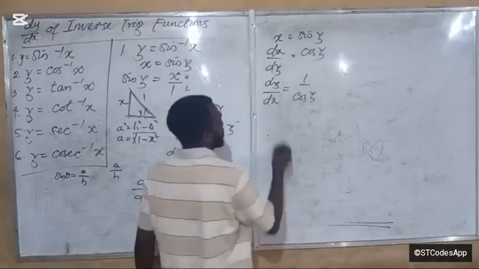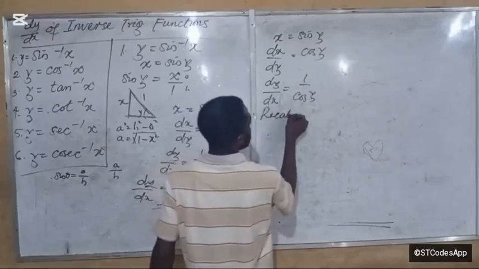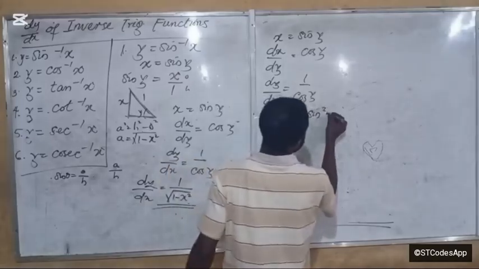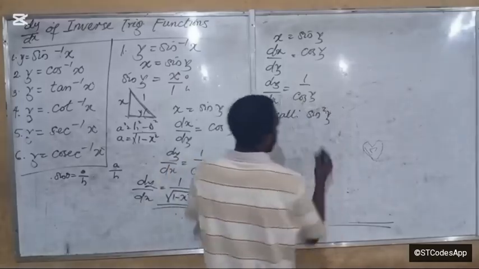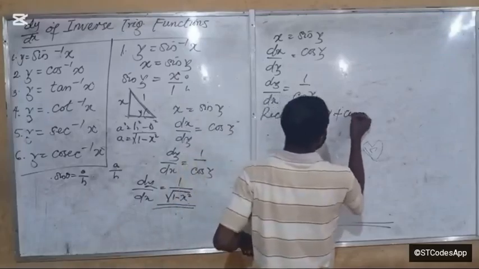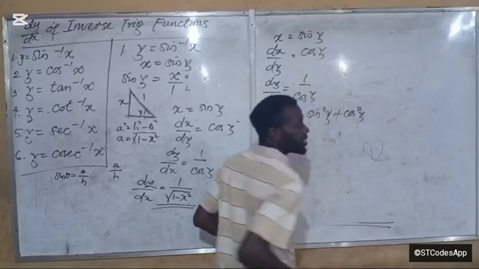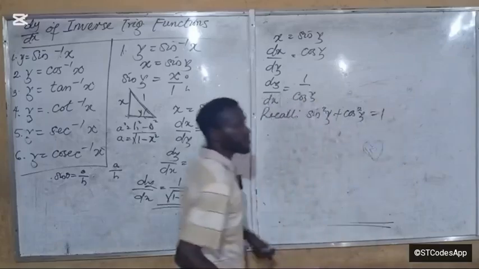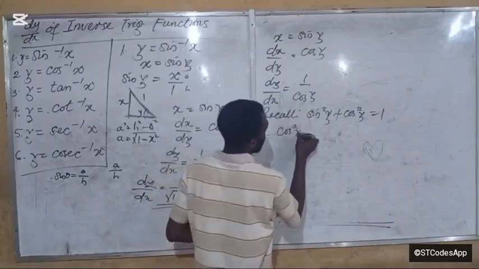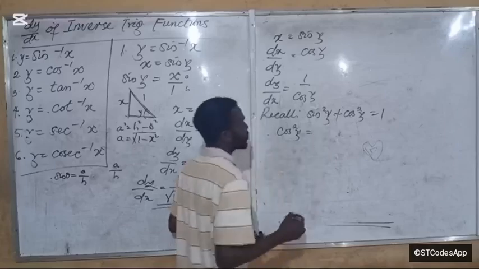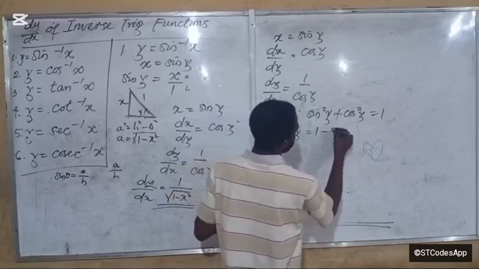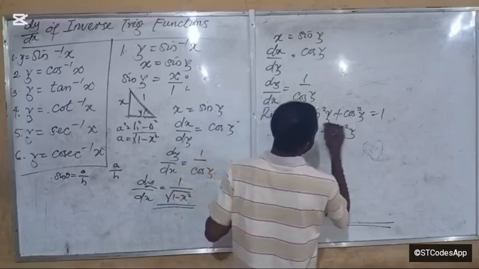Now here's the thing. You should recall in trigonometric identities that sine squared y, I'm using y in this case because of our function, sine squared y plus cos squared y is equal to 1. So if this be the case, then cos squared y is equal to 1 minus sine squared y.